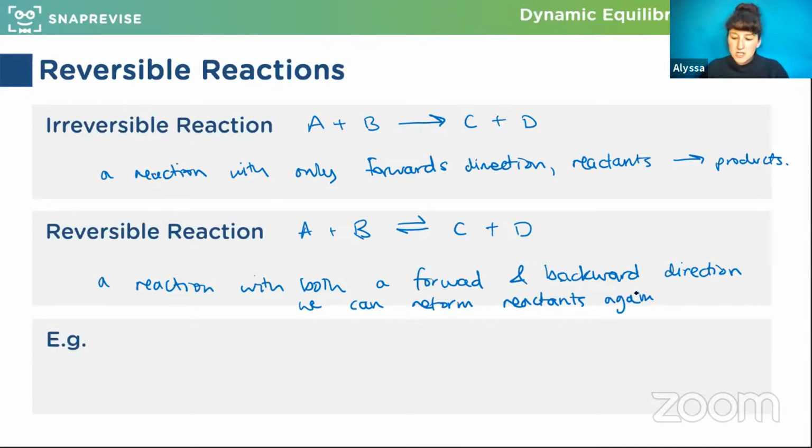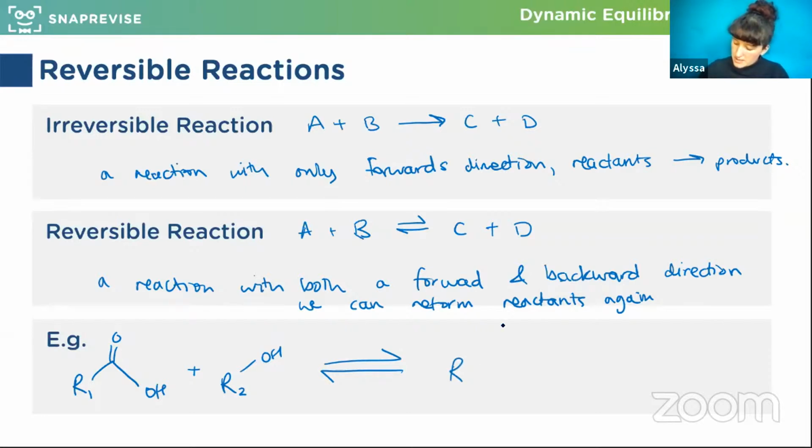We were just talking about reversible reactions, and I was just going to give us an example of one. Could be, for example, the formation of esters. So if we have a carboxylic acid and an alcohol, a reversible reaction can occur to form an ester and water.